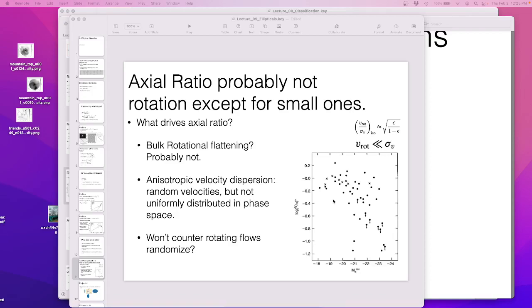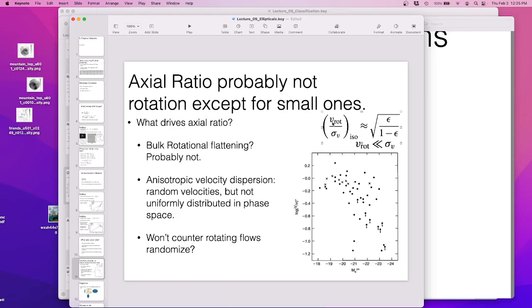So it's either flat because they're rotating, or not. Now if they're rotating, we have this relation that the book uses. This is the rotational velocity, so I actually measure one side versus the other and take the difference to measure how fast it's actually rotating, versus the velocity dispersion, which is all of the randomness.